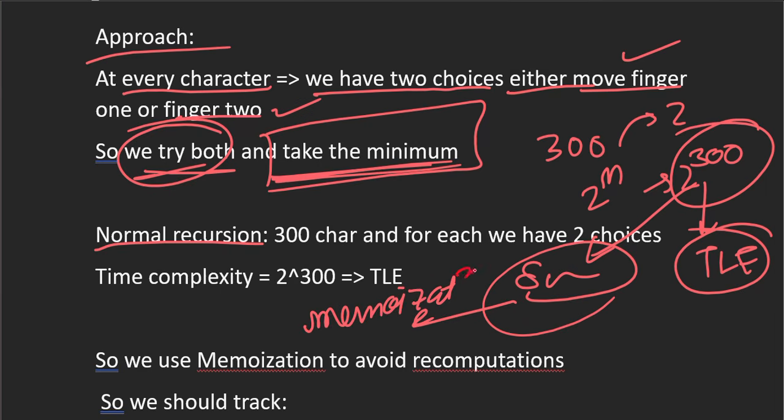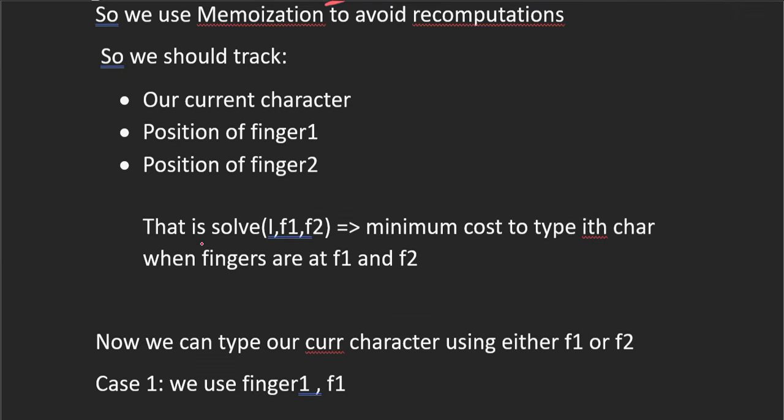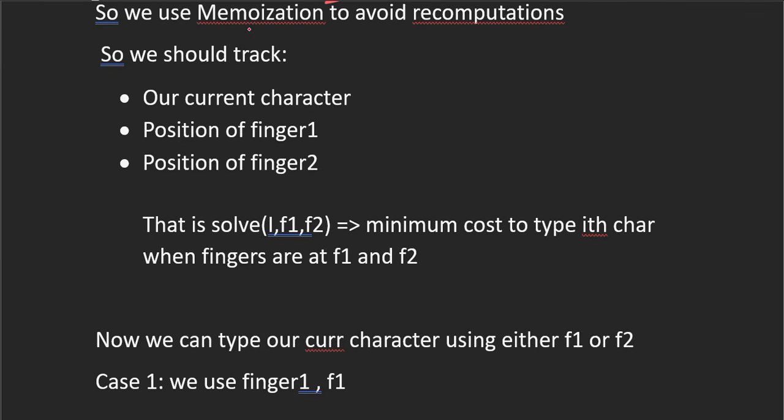So instead of recomputing a state again, we'll store that state and reuse that state again when we need it, right? So now see, what are the things that we should focus on or that we should track in the recursion.